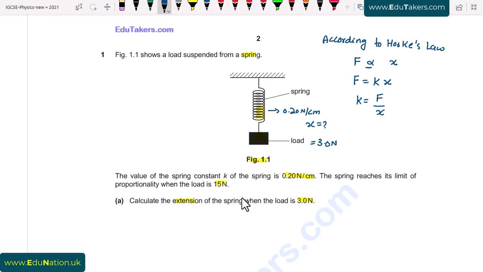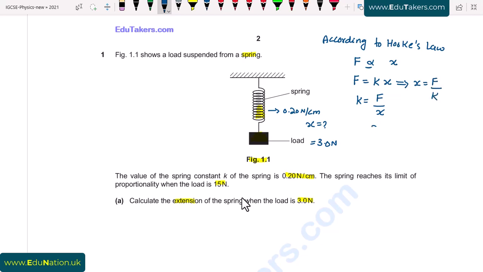So in the question we are given that the load is 3.0 Newton and spring constant is 0.20 Newton per centimeter. Here we have to calculate the extension. So from this formula I separate extension x and it will be equal to load per unit spring constant.